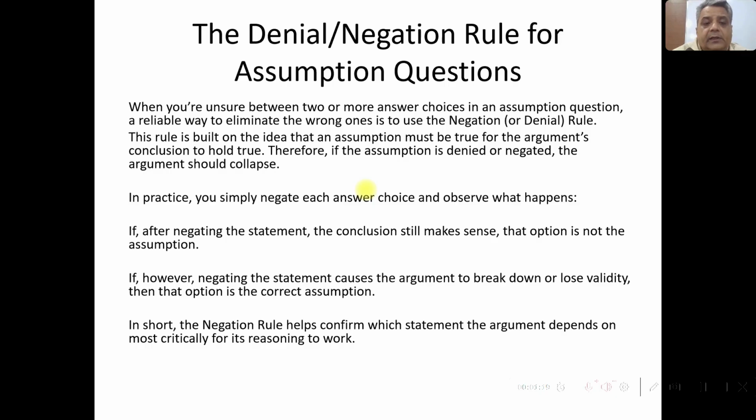In practice, you simply negate each answer choice and observe what happens. If after negating the statement, the conclusion still makes sense, that option is not the assumption. If, however, negating the statement causes the argument to break down or lose validity, then that option is the correct assumption. In short, the negation rule helps confirm which statement the argument depends on most critically for its reasoning to work.